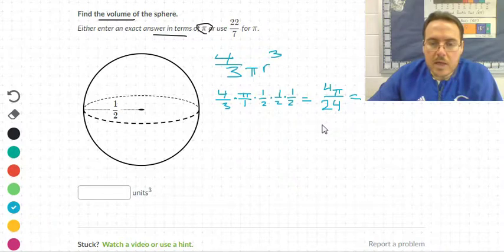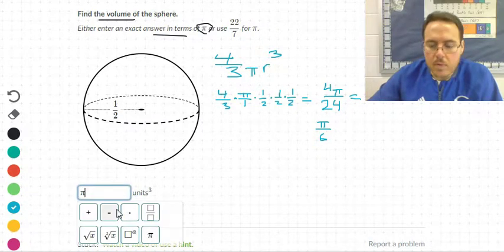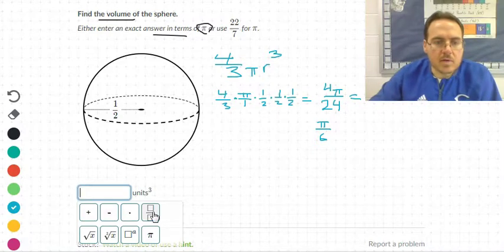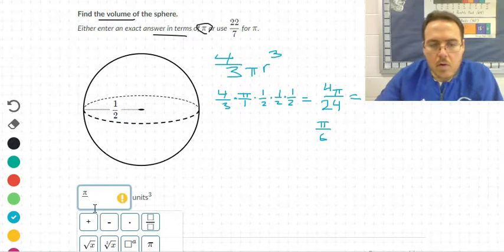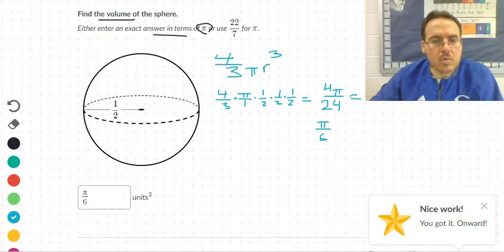So that would be pi over 6. Which worked out.